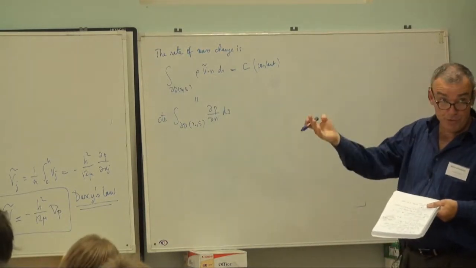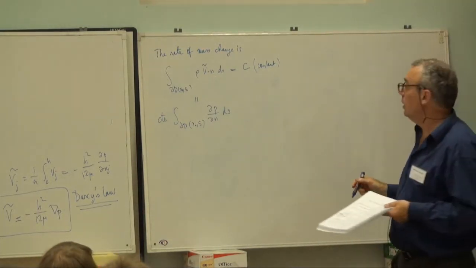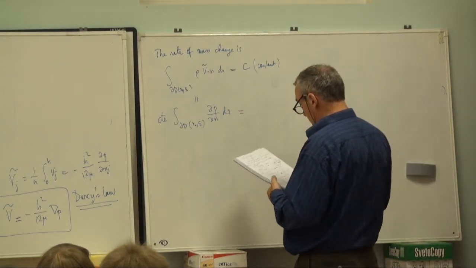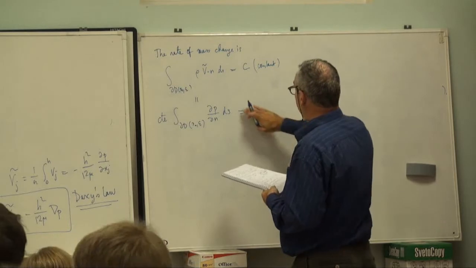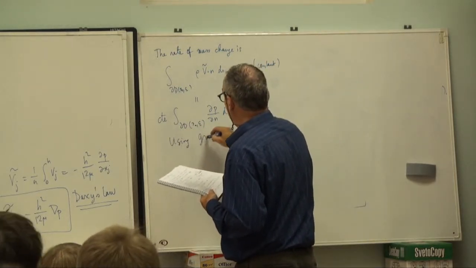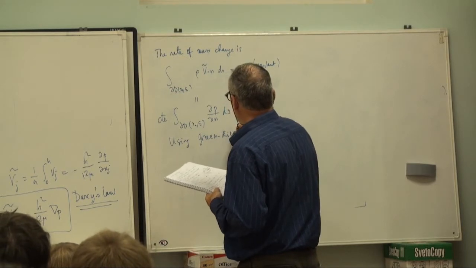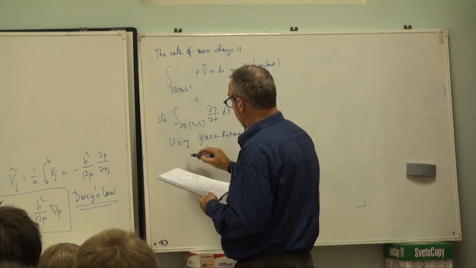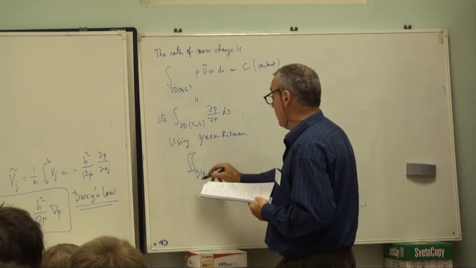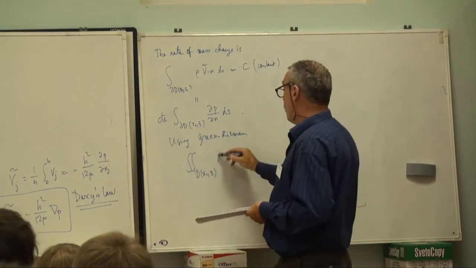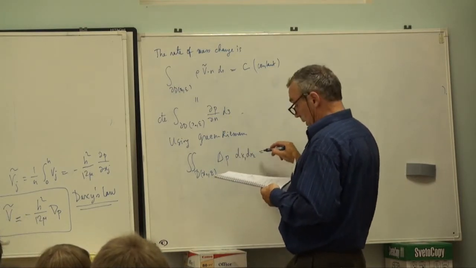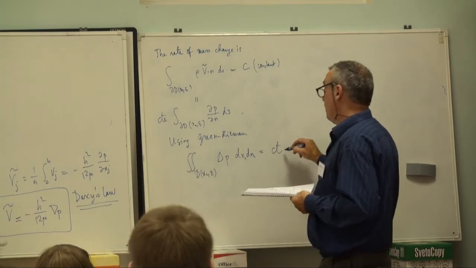Then, using the Green-Riemann formula, you get that the integral over the disk of radius epsilon centered at x0 of the gradient of p dx1 dx2 is equal to a constant.